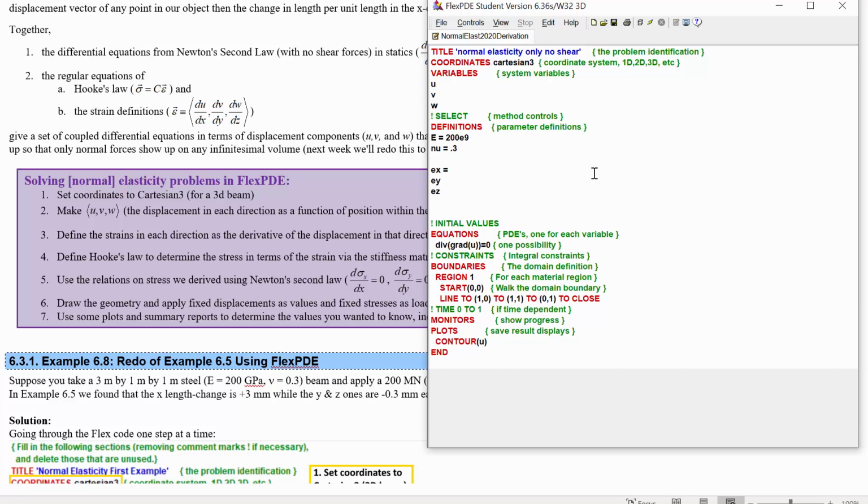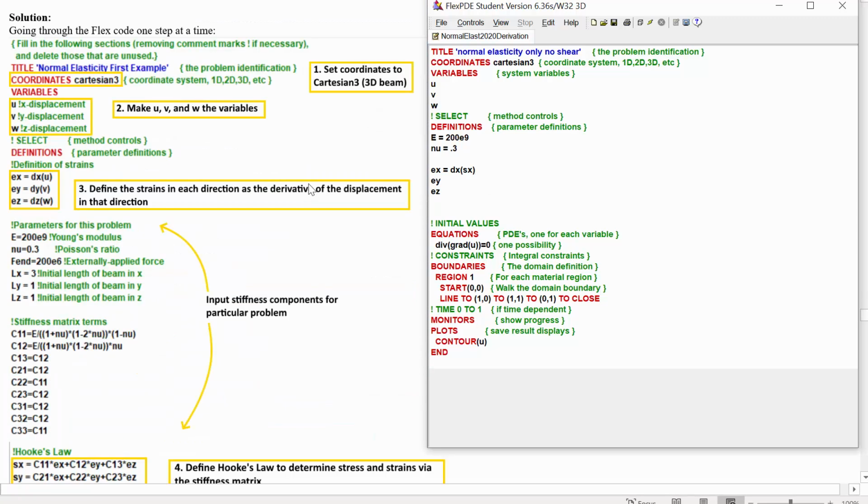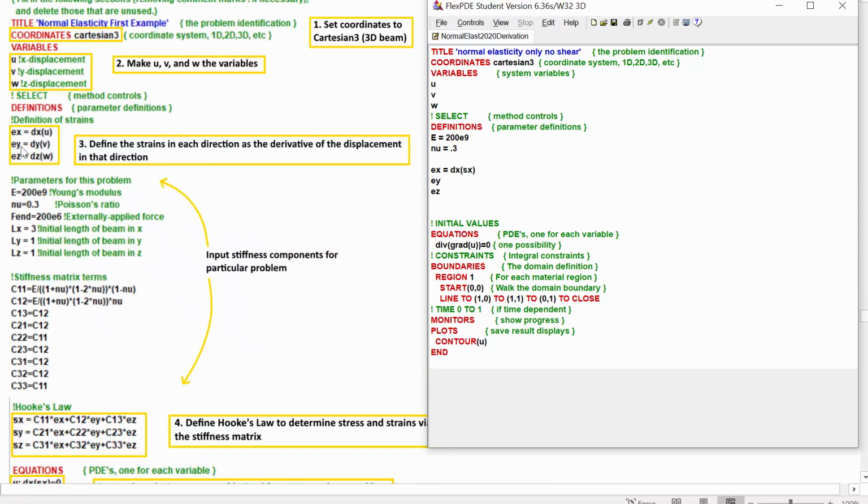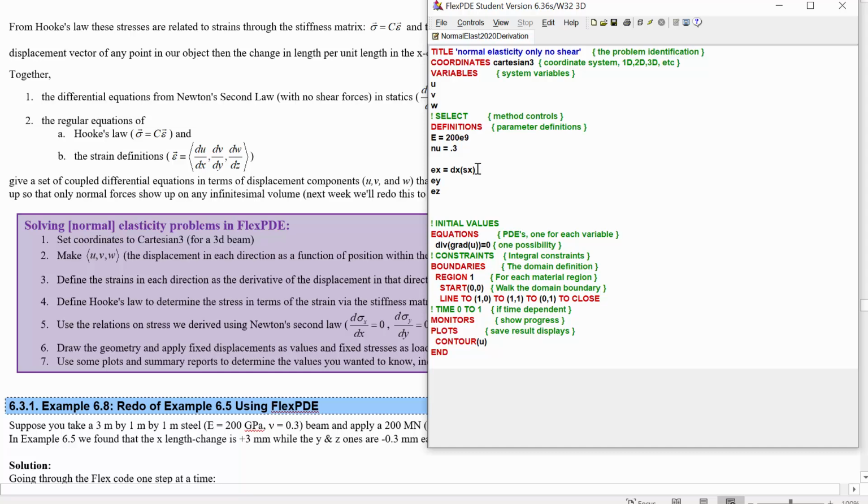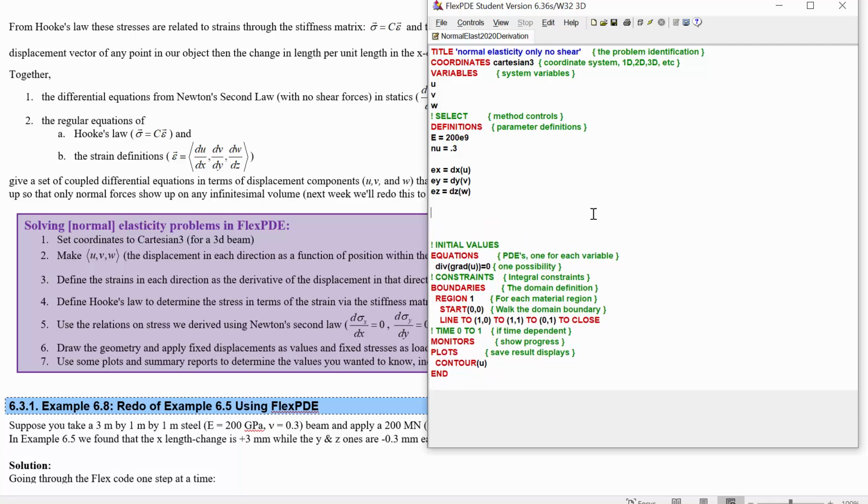And those are given as derivatives in the x direction of the stresses. So dx of sigma x, did I call it just S? I want to keep the same. Oh, wait a minute. Hold on. These are derivatives of the displacement, of course. So this is the x derivative of u, and the y derivative of v, the y displacement, and the derivative in z of w. All right, great.